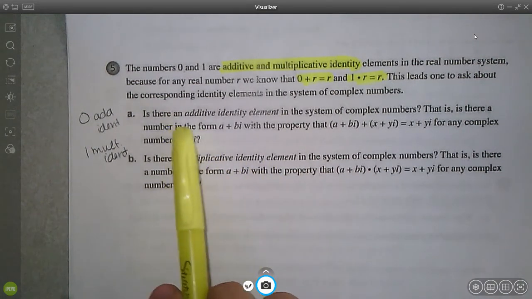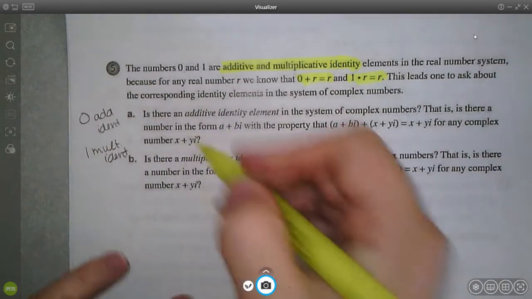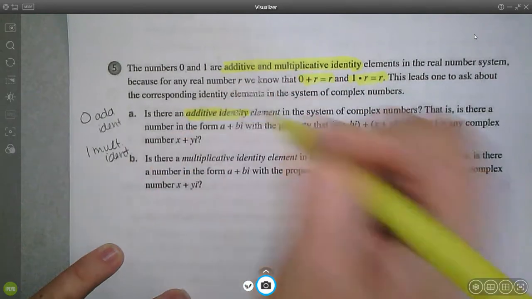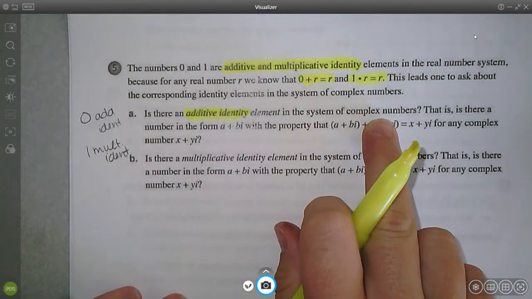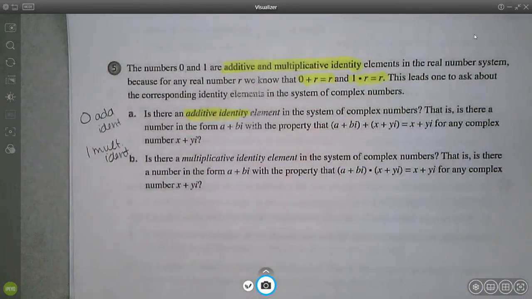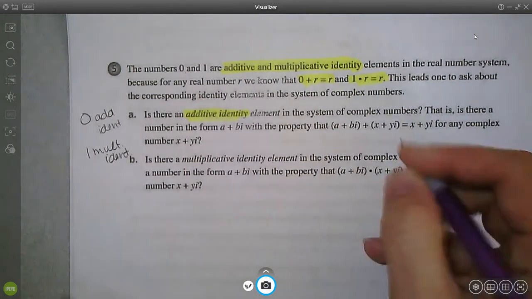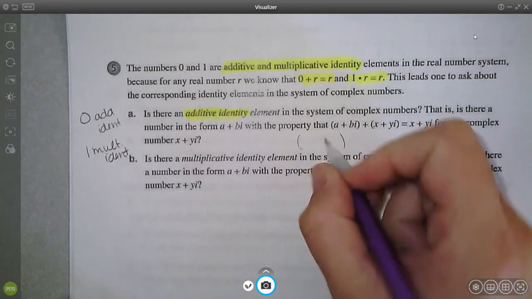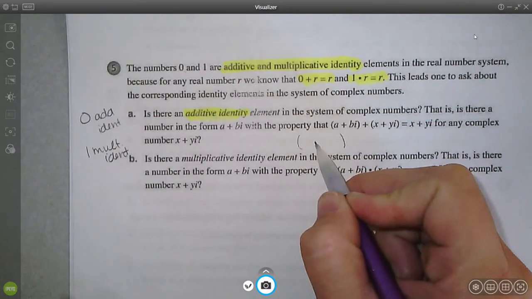So this is asking you, is there an additive identity? So that means, can you add something to a complex number and get the exact same complex number out? So when you do this, can you take a complex number? So this, fill in the blank. This is some complex number.